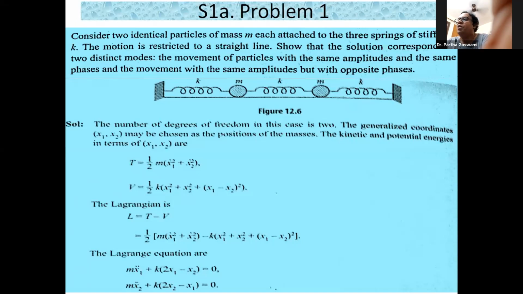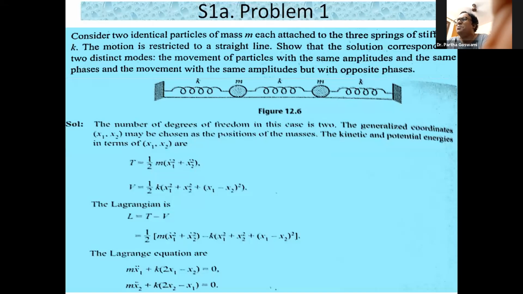So the solution will be x1 plus x2 equals something like a1 cos(omega t plus theta), and x1 minus x2 equals a2 cos of a different omega, which would be square root of 3k by m, and the earlier omega is square root of k by m, the spring factor divided by the inertia factor.